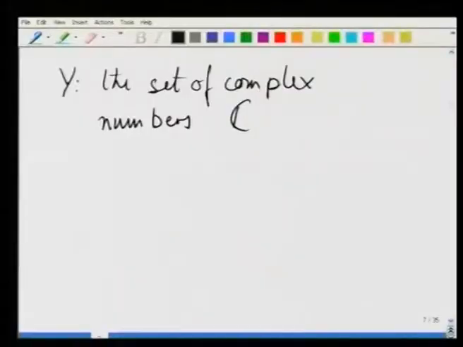You can even raise one complex number to the power of another complex number. All these things are defined for complex numbers, and if necessary, before one proceeds with listening to the rest of this lecture, it is better to refresh one's understanding of complex numbers. We will be using complex numbers extensively through this course.